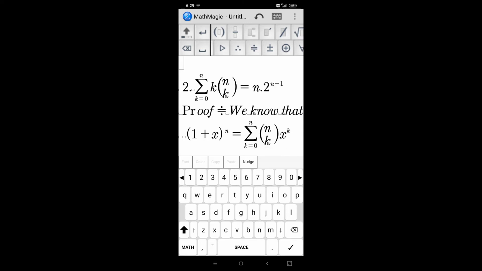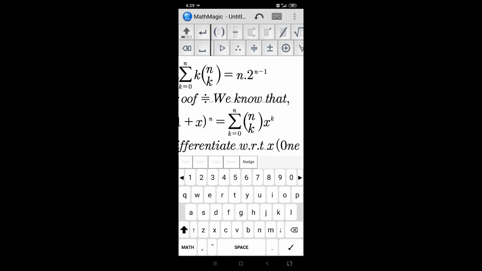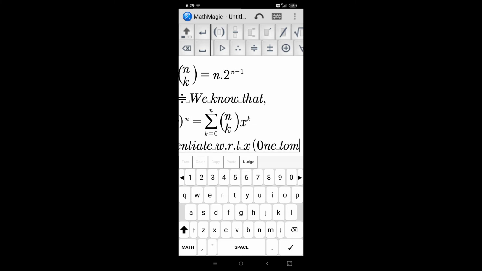For the first identity we put x equal to 1, but for the second identity, since k is there, we are going to take the derivative. So differentiating with respect to x on both sides, only one time.